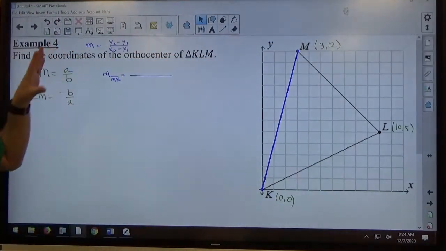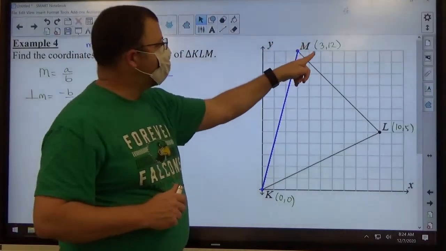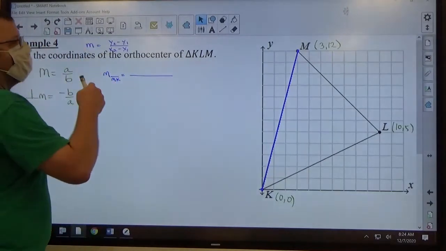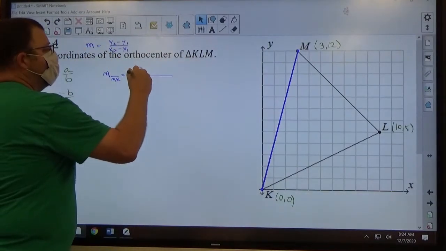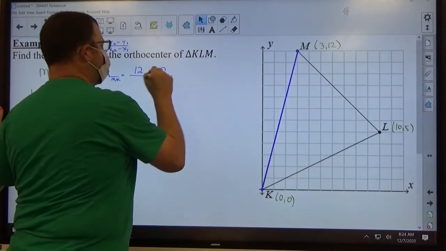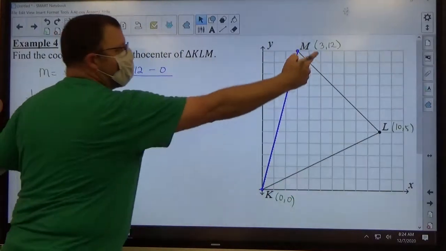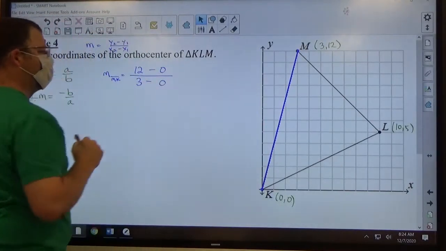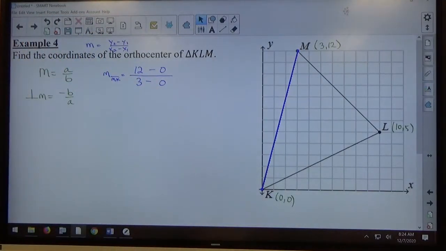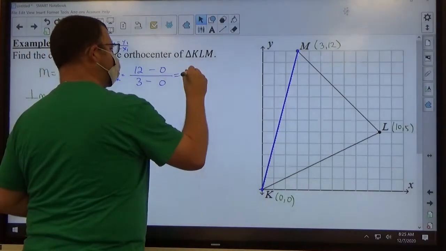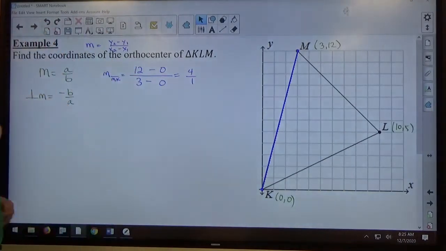So second y, 12, minus first y, 0, goes on top. Second x, 3, minus first x, 0, goes on the bottom. 12 over 3 reduces to 4 over 1. 12 minus 0 is 12, and 3 minus 0 is 3.